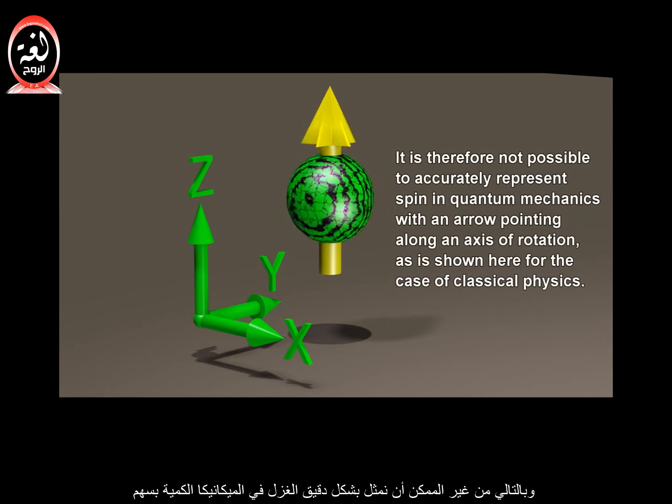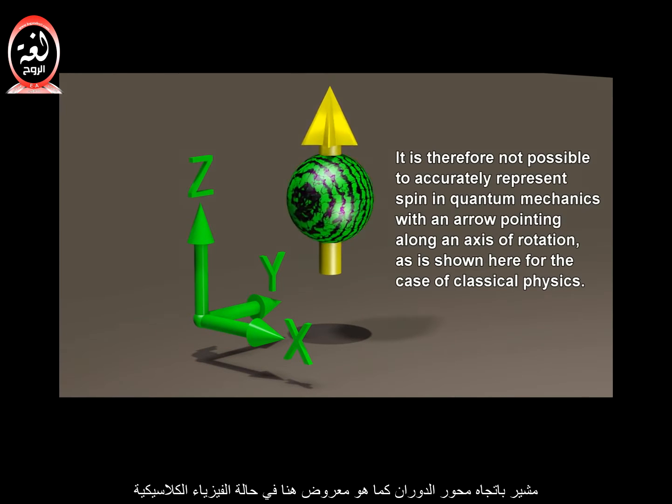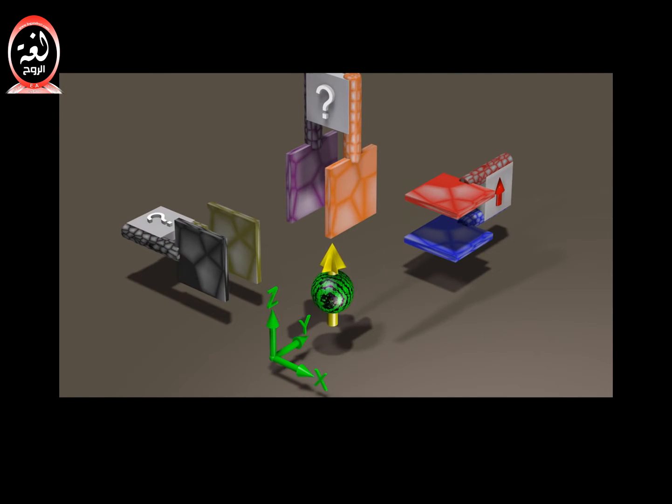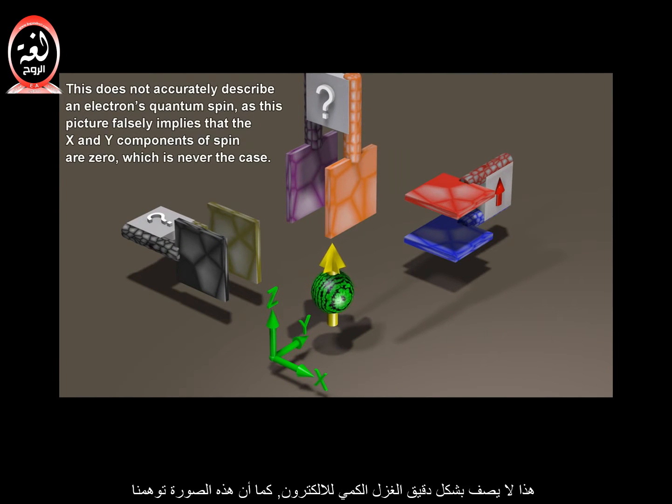It's therefore not possible to accurately represent spin in quantum mechanics with an arrow pointing along an axis of rotation, as is shown here for the case of classical physics. This does not accurately describe an electron's quantum spin, as this picture falsely implies that the x and y components of spin are 0, which is never the case.